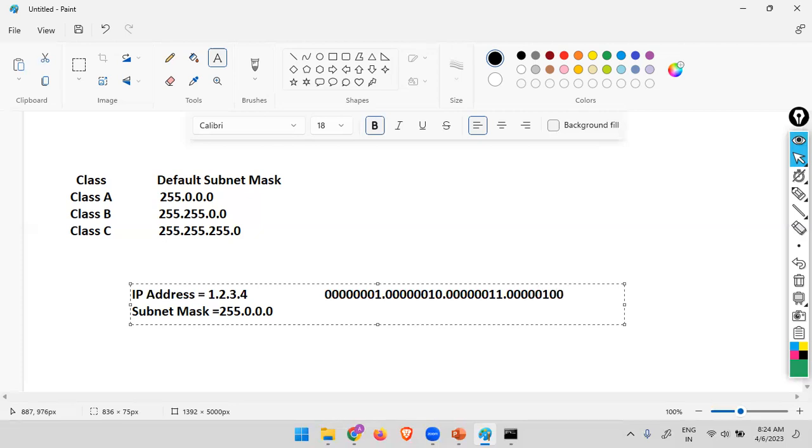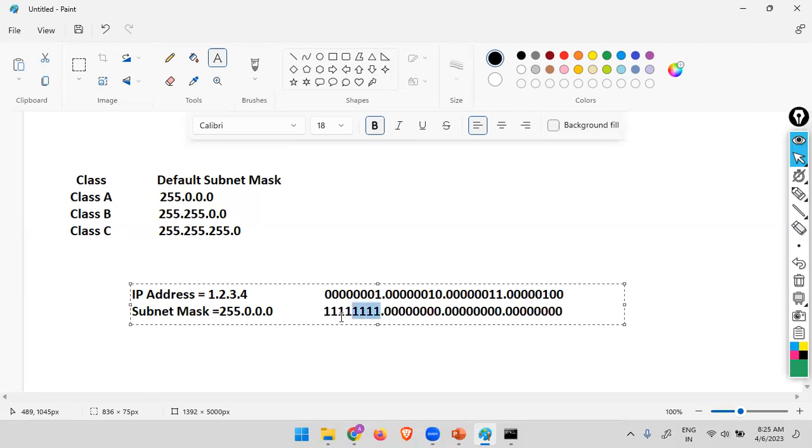Correct? Now the same thing, write the subnet mask in binary. All ones. Done. Now if you see in your subnet mask, there are ones and zeros.